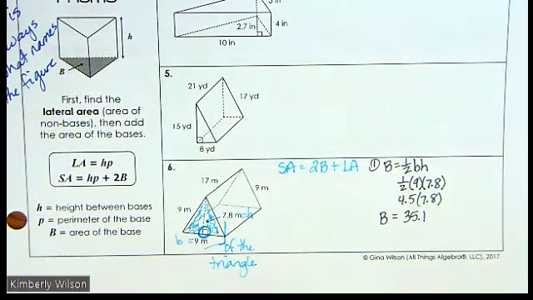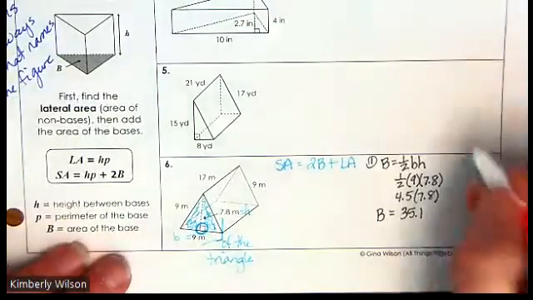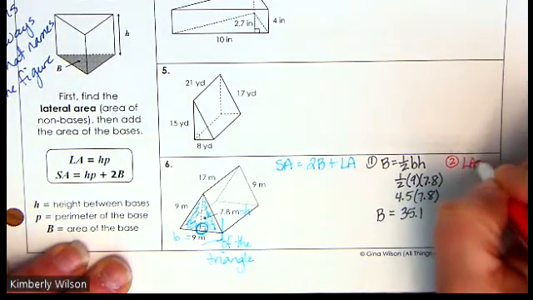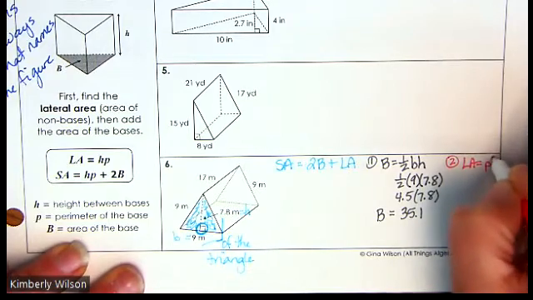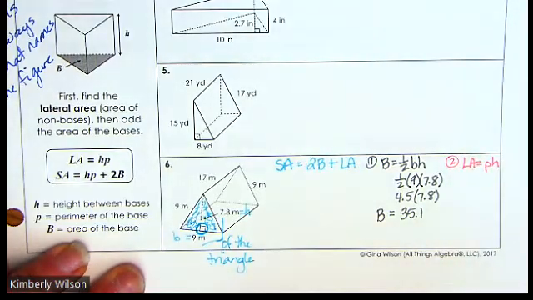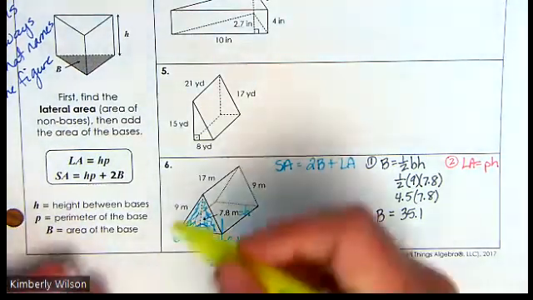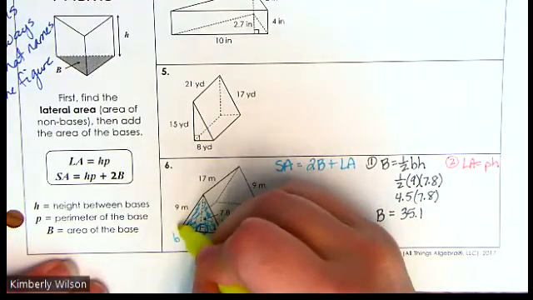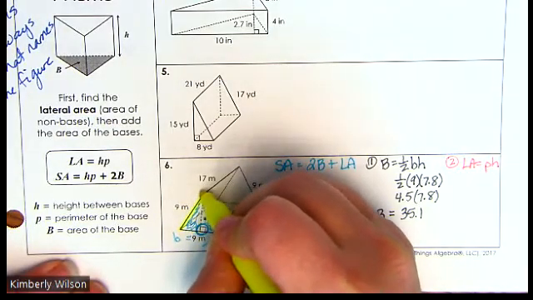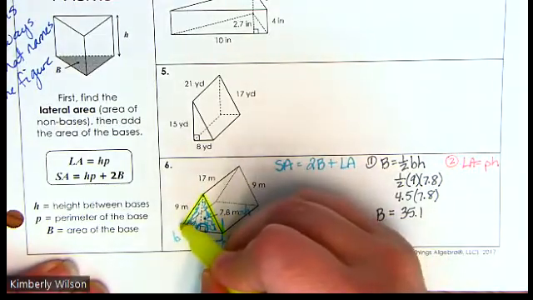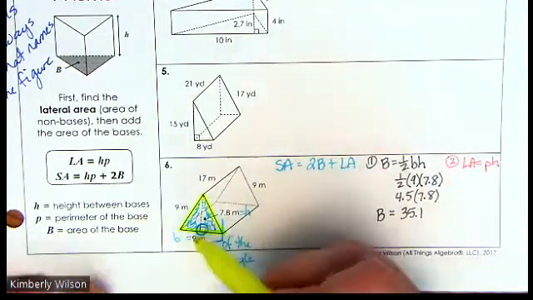Next part. Now we have to find the lateral area. So this is step 2. And the lateral area is the perimeter times the height. Remember, the perimeter is all the way around the figure. So that means I have got to find the distance around the base. Here, here, and here. Well, I know 2 sides.